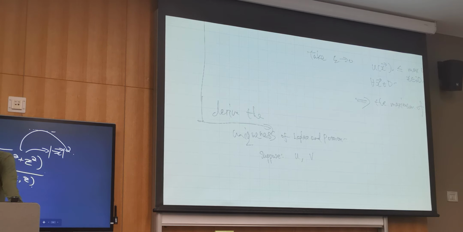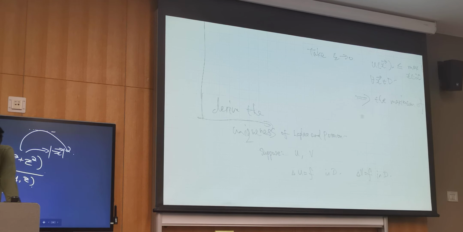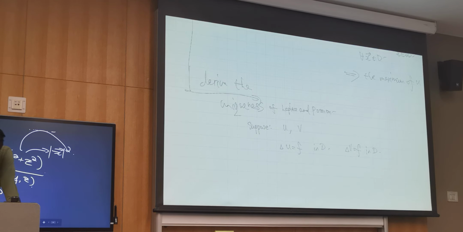So I'm having my u and v satisfying that Laplace u equals f in the domain D, and my Laplace v also equals f in the domain D, and they satisfy the same boundary condition, which is u, or partial u partial n, or something like that.